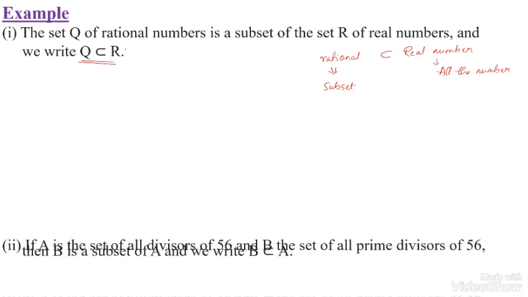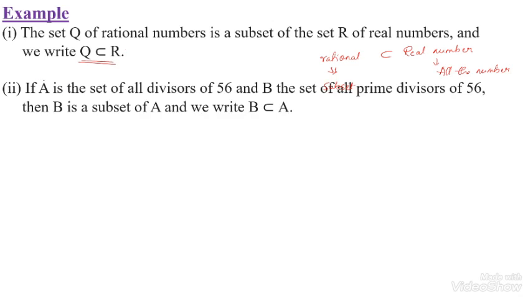Now, the next example. If A is the set of all divisors of 56 and B is the set of all prime divisors of 56. Here, first we have to write the sets. I will take A, the set of all the divisors of 56.